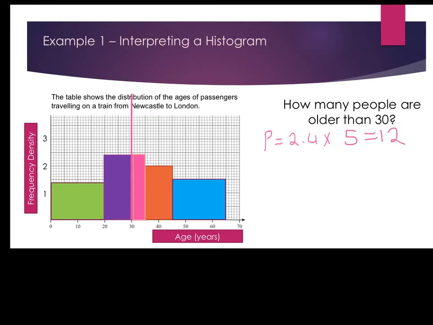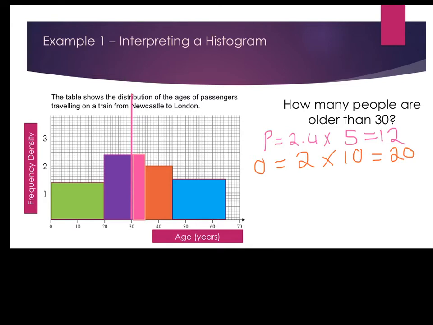Now the orange section. The class width is 10 because you're going from 35 to 45, and the frequency density is 2. So for the orange section, 2 for the frequency density times by 10 the class width, and that gets me 20 people.